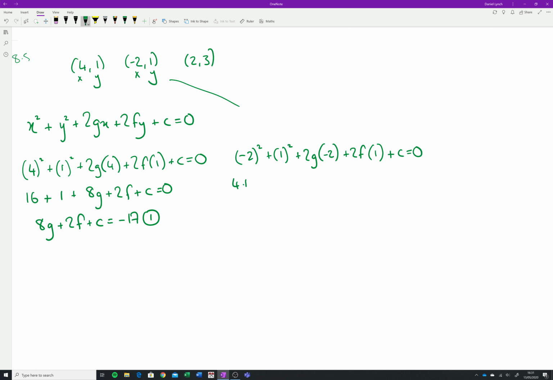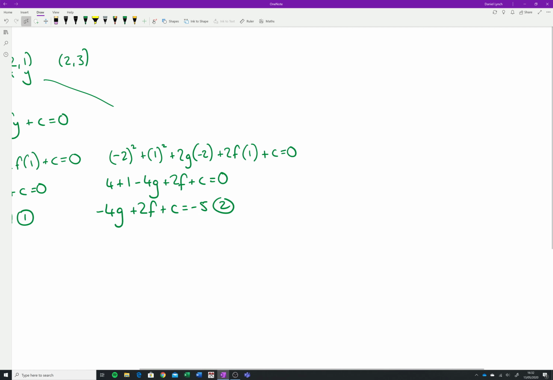So we get 4 plus 1 minus 4g plus 2f plus c equals 0. So we get minus 4g plus 2f plus c is equal to minus 5. That's our second equation.